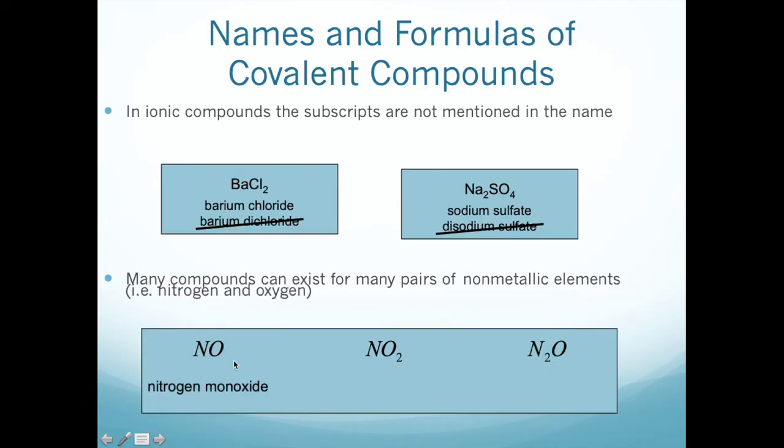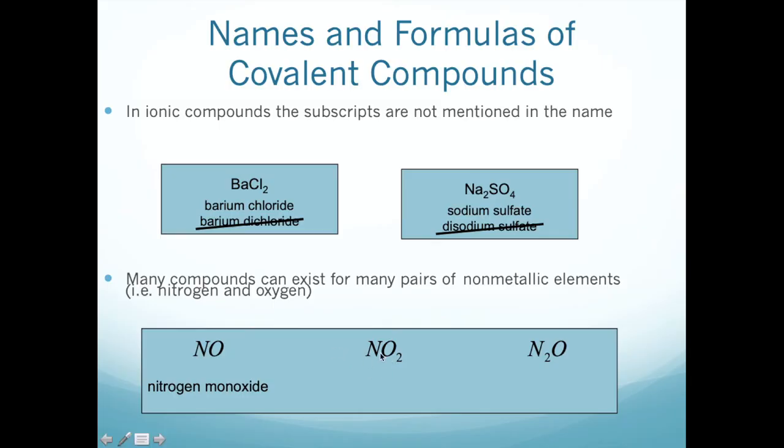So we call that nitrogen monoxide. The mono here telling us that there's one oxygen. By the way, for the first element, if there's one of it, you don't have to say mono for it. It's understood that if there's no prefix, there's one of that first element. So we just say nitrogen monoxide and not mononitrogen monoxide.